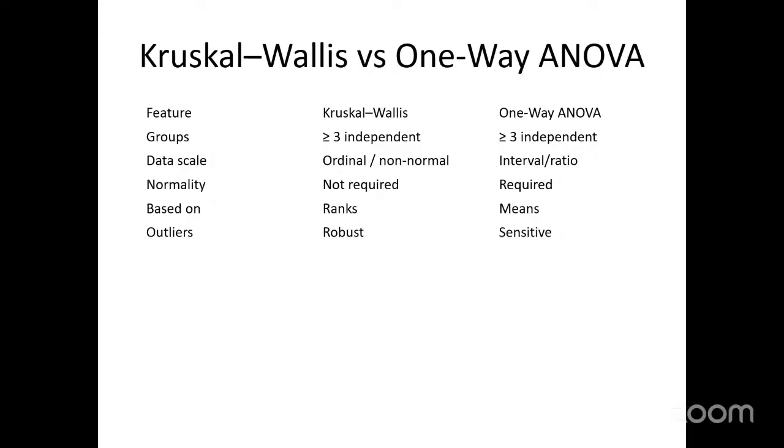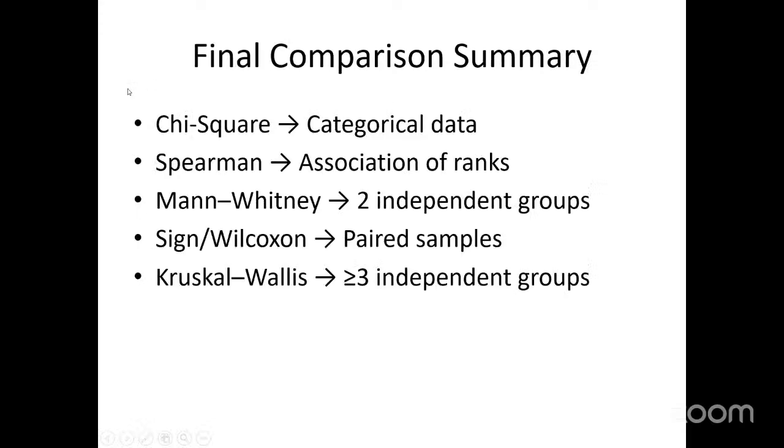Okay, then fine. So this is the summarized slide. When do we need what type of test? When it is chi-square, when do we have categorical data? Association of ranks, we need Spearman rank correlation. For two independent groups, to test the median actually, we need Mann-Whitney. In the paired sample case, we need the sign or Wilcoxon rank test.